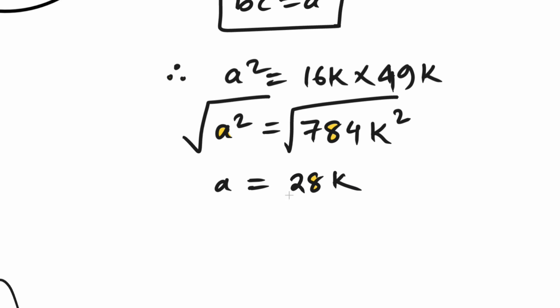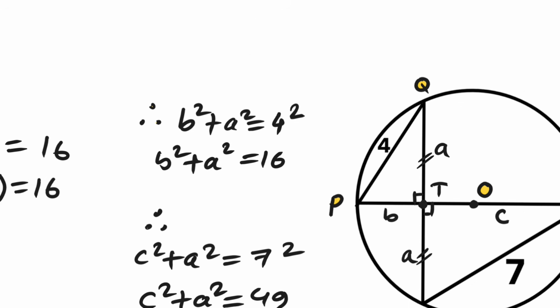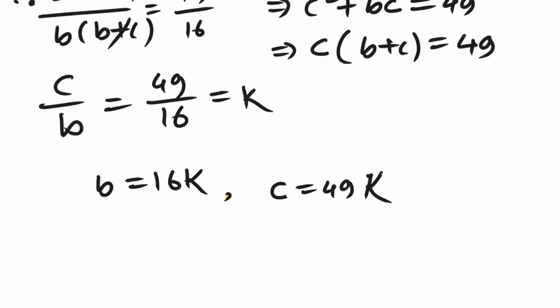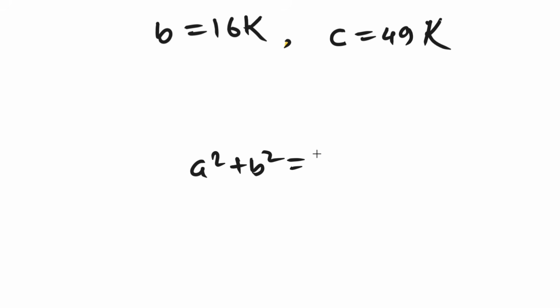Now, let's use the Pythagorean equation from the smaller triangle. We had a squared plus b squared equals 16. Substitute a equals 28k and b equals 16k.